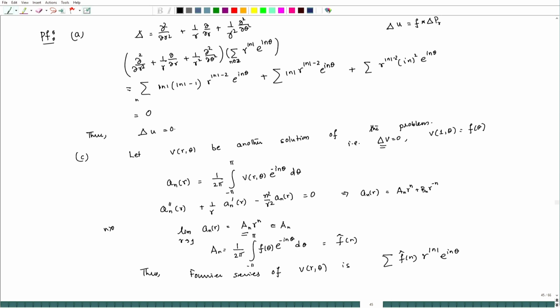As we know, u(r, theta) also has the same Fourier series. Now, this is a continuous function.